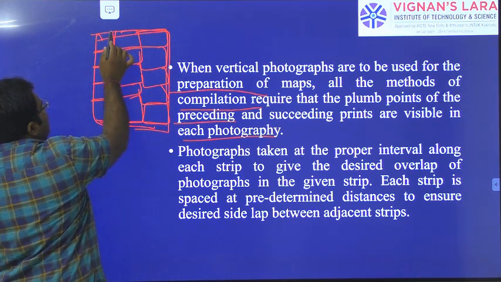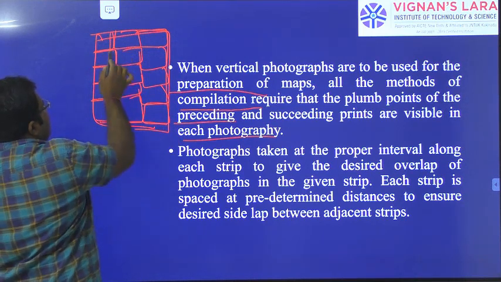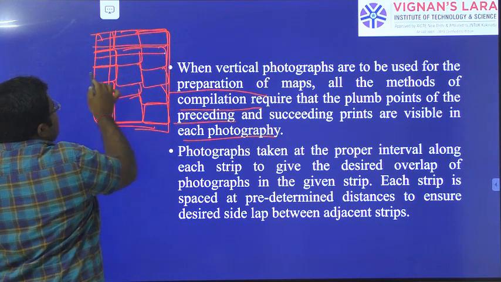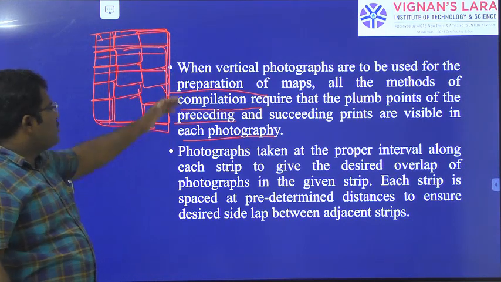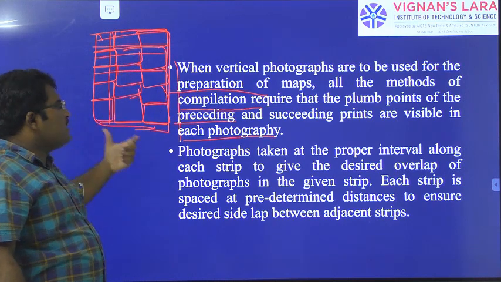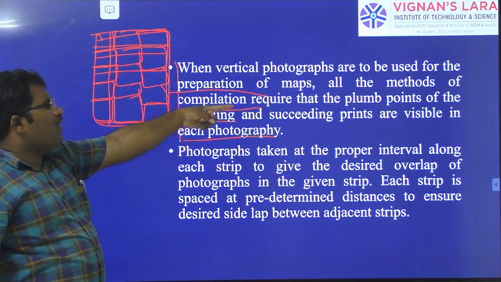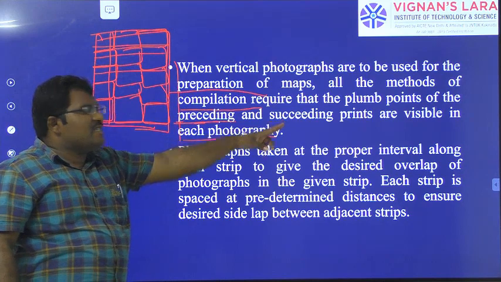Now you need to know the details in each and every photograph so that you can add them after taking. For that we need to know the plumb points of the preceding and succeeding print.